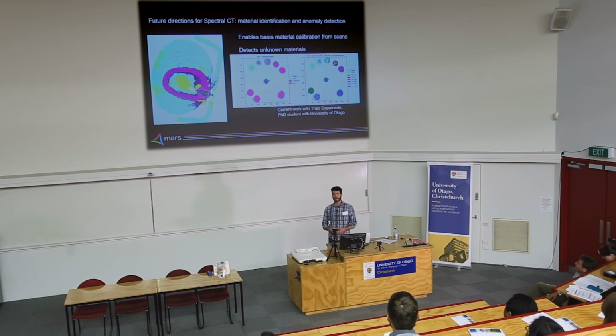If we learn the pattern that represents HA, or water, or lipid, or some other kind of material, we can then apply that to a particular scan and perform a clustering based off of all of those, which means that if there's a new material, it would show up as outside of the cluster space, or more distant from any material that we already know.